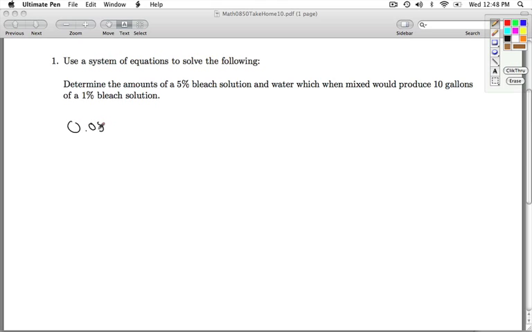From 0.05B equals 0.1, I can divide both sides by 0.05. Move the decimal place the appropriate amount of times. I get B equals 10/5, which is 2.